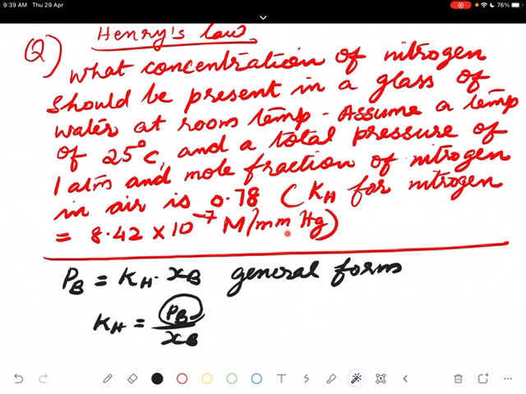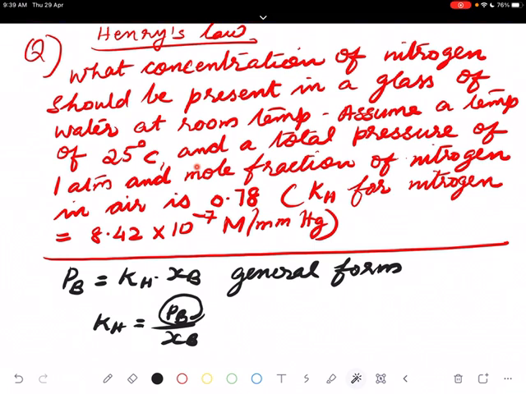But in this particular case, look at the unit of KH. So this equation is not applicable in this particular question.